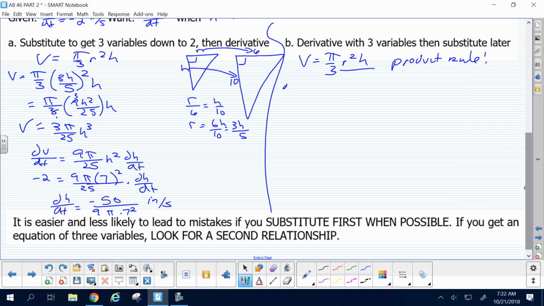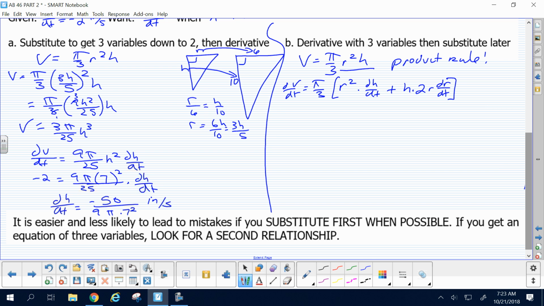Now that's why it makes this a little more dangerous. dV/dt is pi over 3. The derivative of the inside by product rule would be first stays the same, r squared, times the derivative of the second, that's dH/dt, plus second stays the same, h, times the derivative of the first, 2r dr/dt.